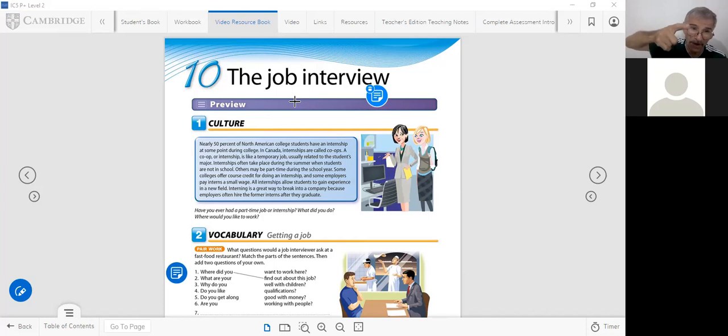You are looking for a job when you want to start working in a company, okay? But before you start working, you have to have an interview with the director of the company, right? Or the human resources department chief of the company.